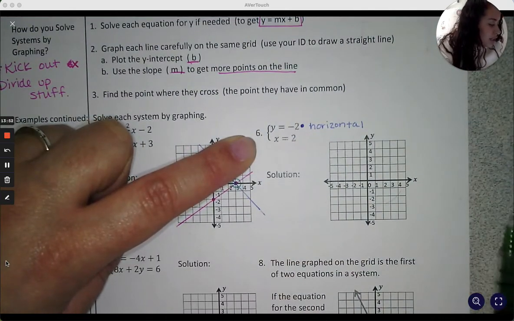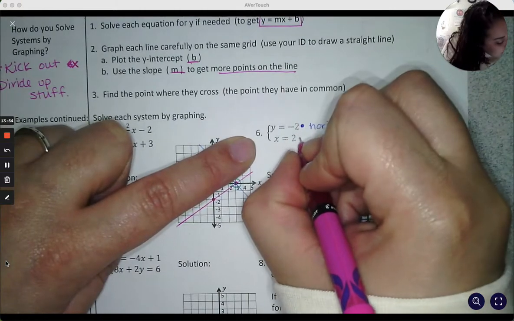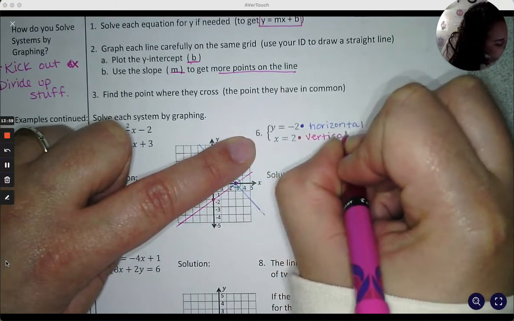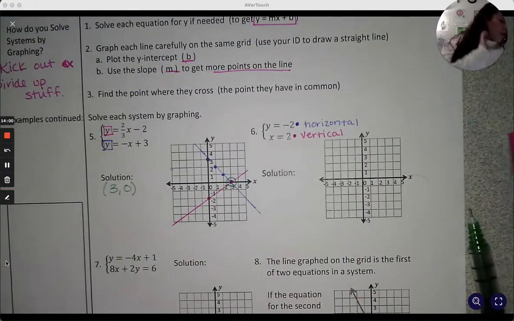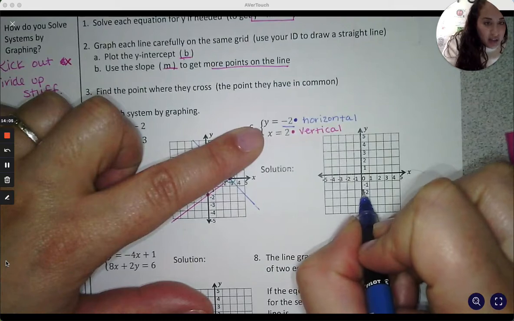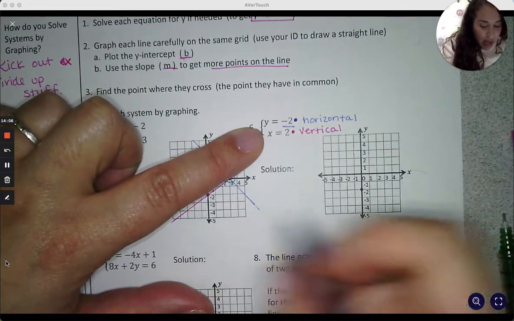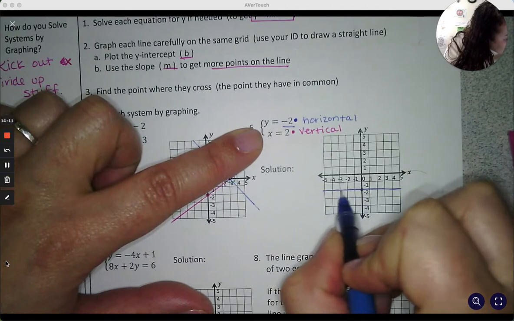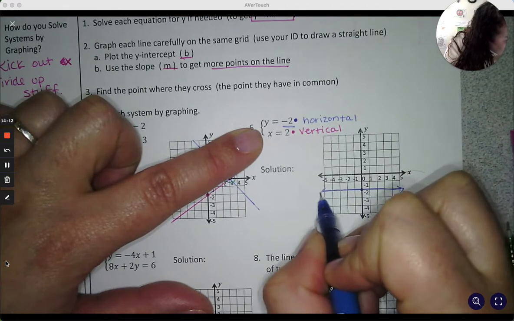Okay, which means this one is a vertical line. Horizontal means it goes through the point -2. So if I find -2, boom. I have to go through this line, horizontal, through that one.